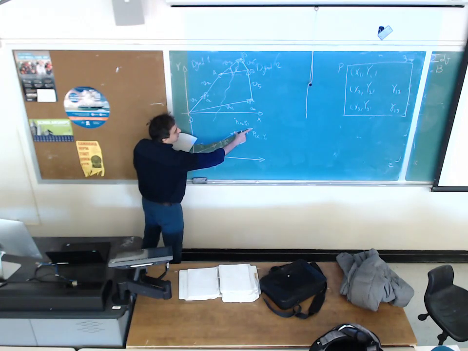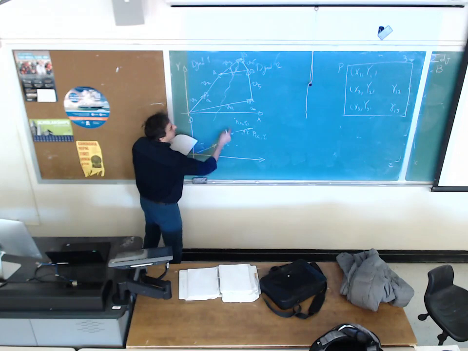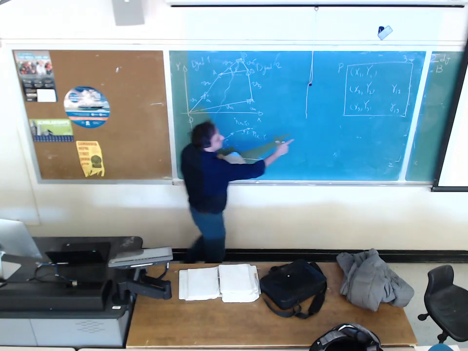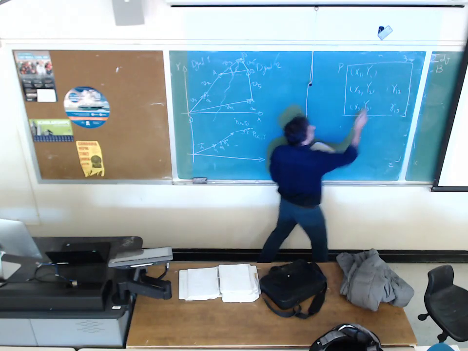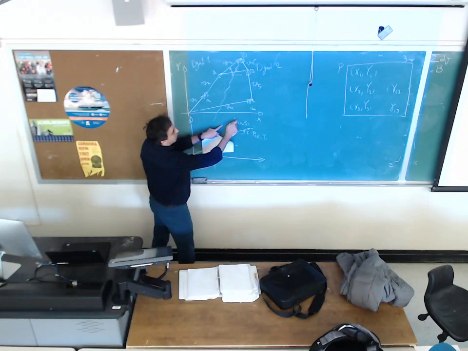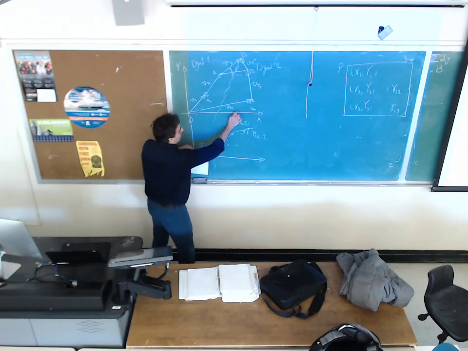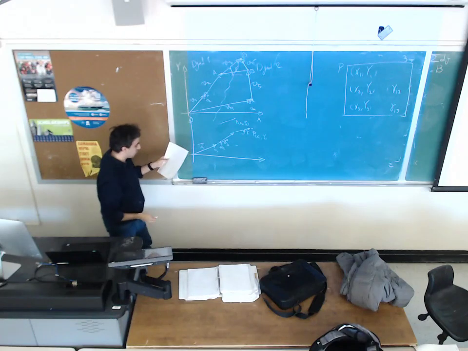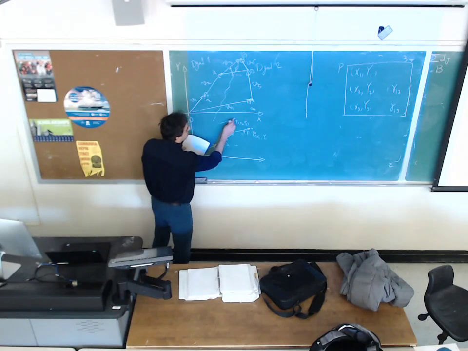This link or this line, which is a part of this terminal link, should rotate by the angle of gamma 1,2. So I'm going to draw a line parallel to this. Parallel to this. Then I rotate it by the angle of gamma 1,2, which is going to be this one.